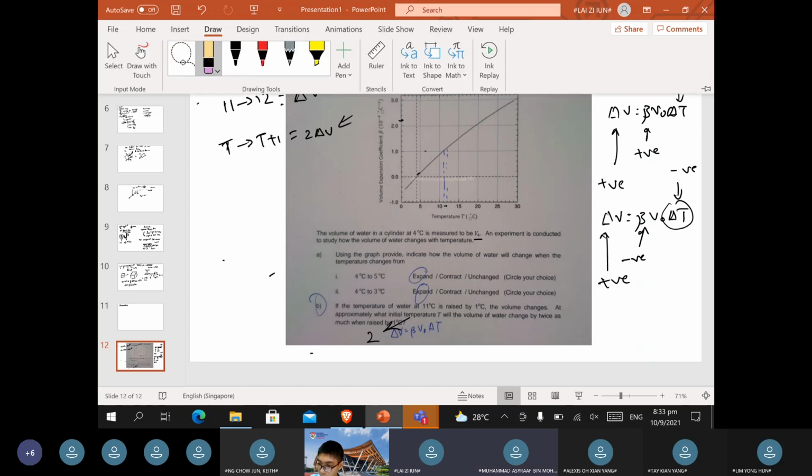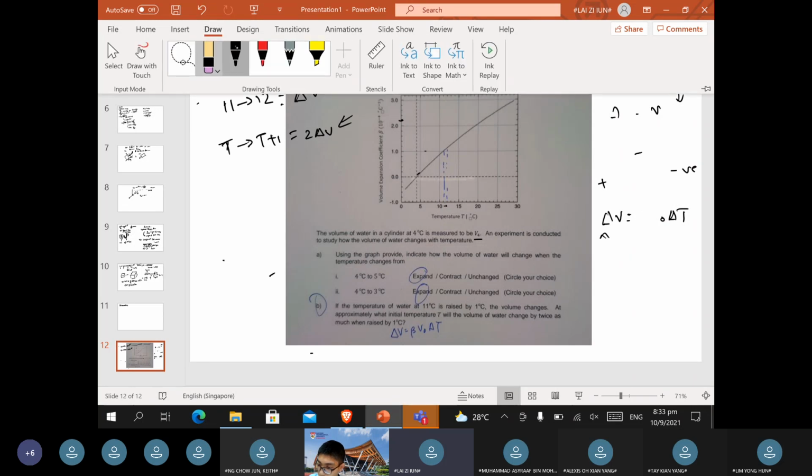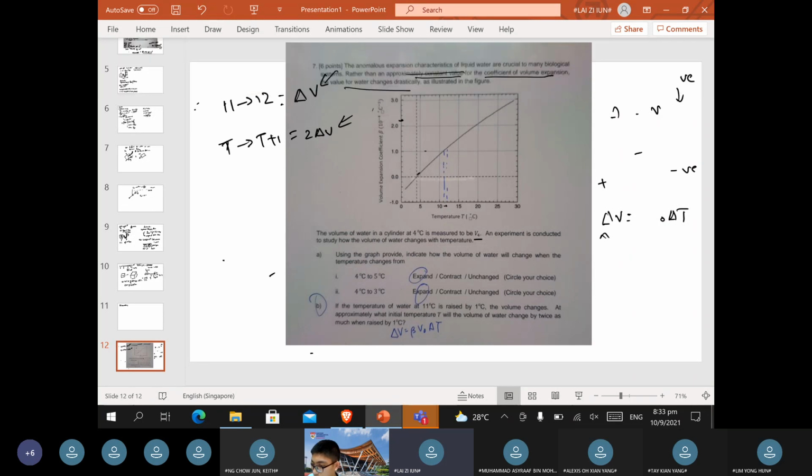Okay, but in this case, I just quickly run through again. We have this formula, right? We have this formula that tells us that the change in volume is equal to this, right? Then we see that from 11 to 12, okay, let's sub in the values. 11 to 12, we have our delta V is equals to, okay, beta I read off, this one is about 1.1. This one we read already, 0.01.